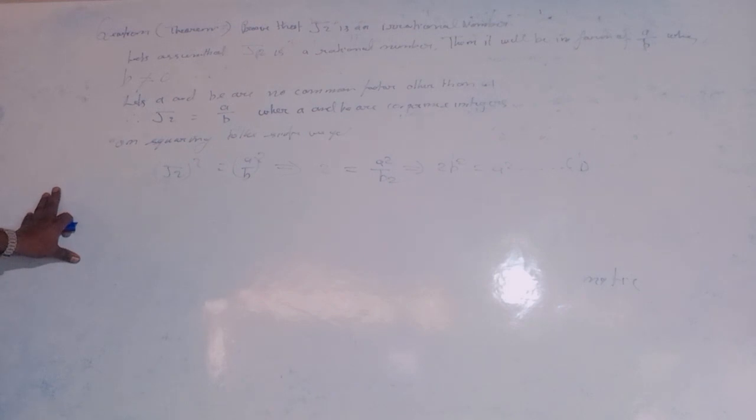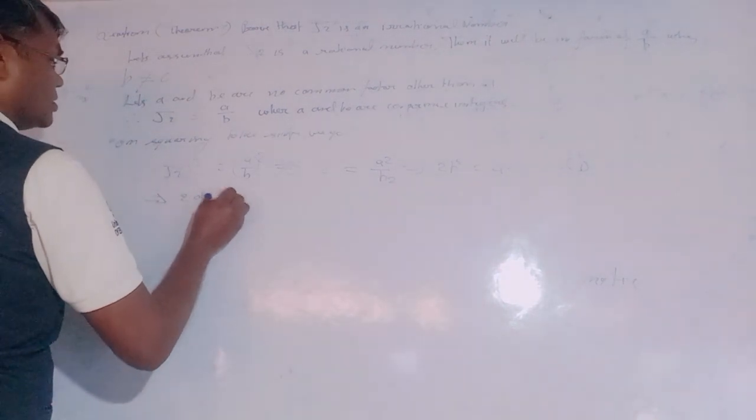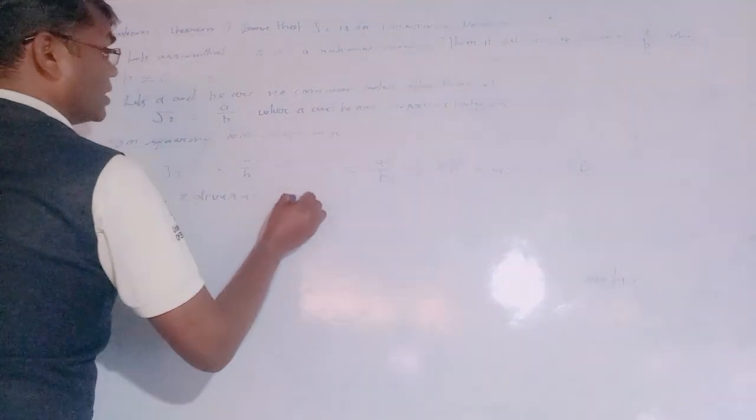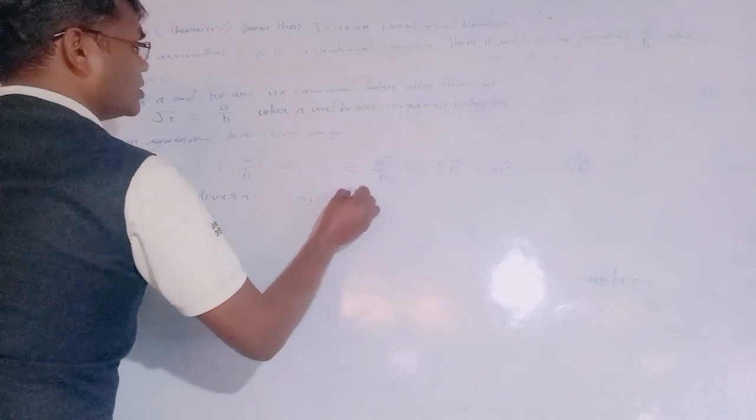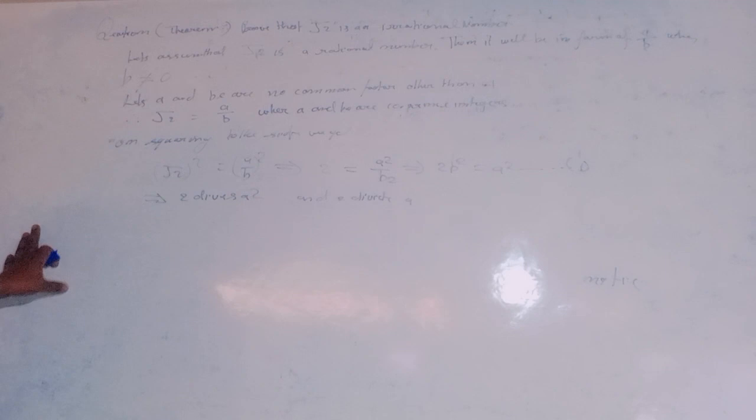So 2 divides a square, then 2 divides a. But why?